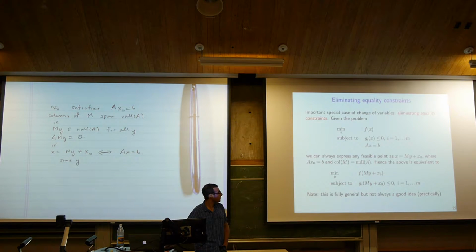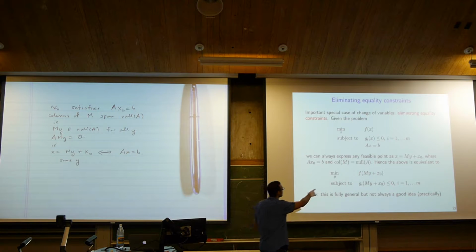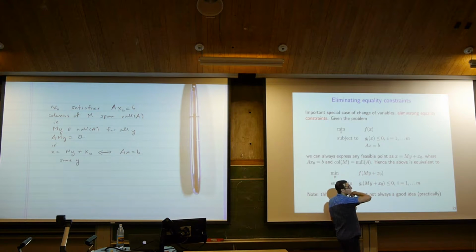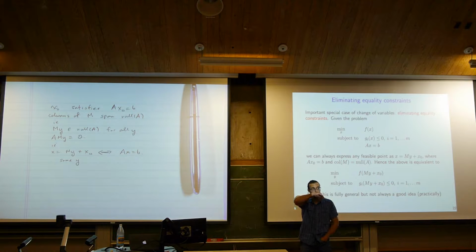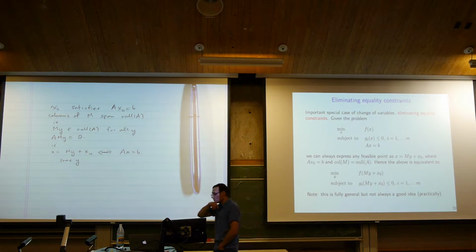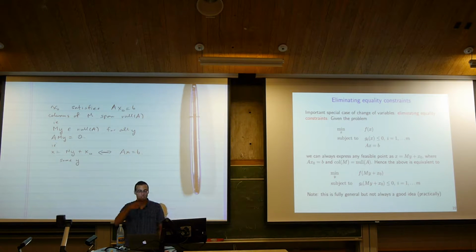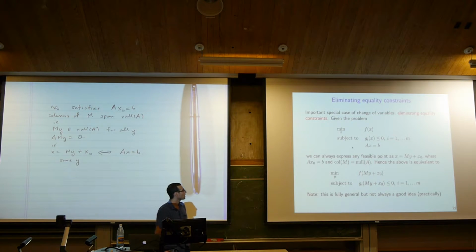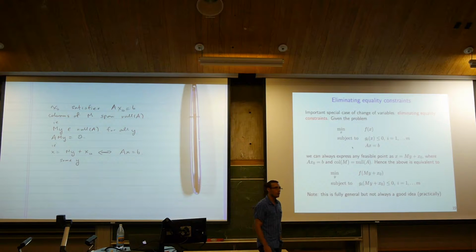Yeah, so you're saying we can turn this into two inequality constraints. Yes, so we can avoid this situation and preserve sparsity. That's true. So just to repeat the comment so everyone can hear it, we can always rewrite this as two inequality constraints. That's usually not helpful, though.